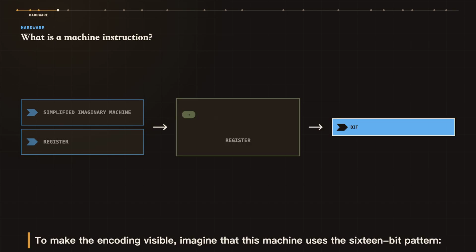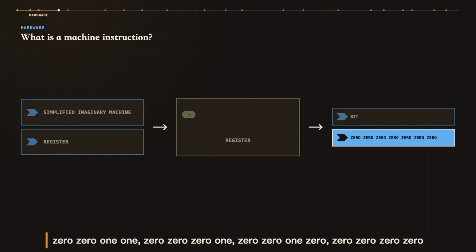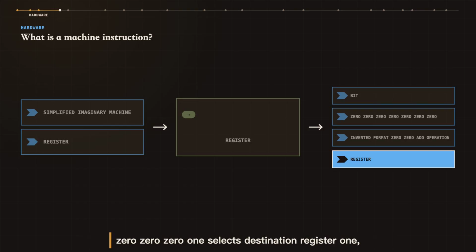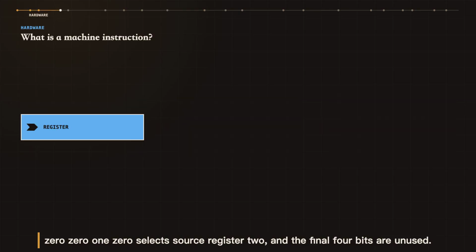To make the encoding visible, imagine that this machine uses the 16-bit pattern 0, 0, 1, 1, 0, 0, 0, 1, 0, 0, 1, 0, 0, 0, 0, 0. In this invented format, 0011 is the add operation. 0001 selects destination register 1. 0010 selects source register 2, and the final 4 bits are unused.